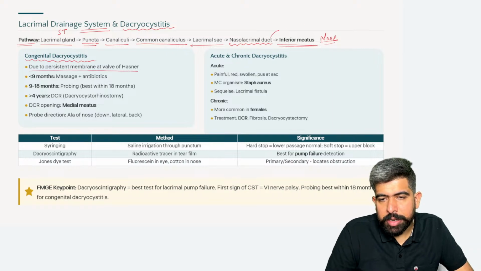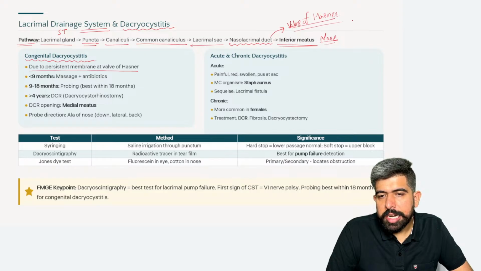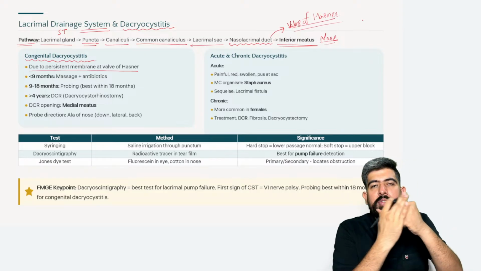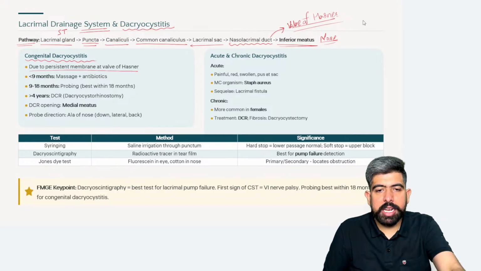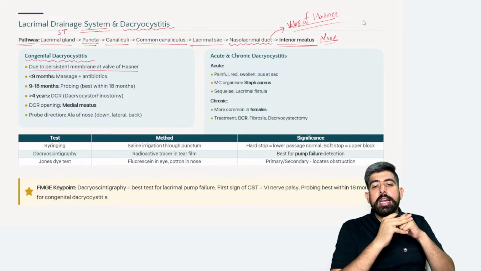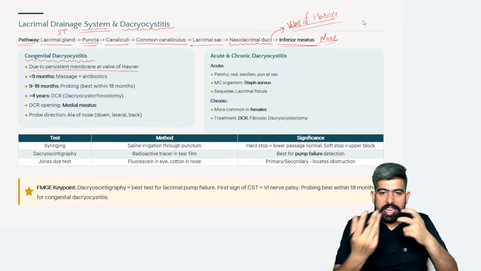When the nasolacrimal duct opens into the inferior meatus, there is a valve. If this valve is covered with a membrane, there will be no drainage.